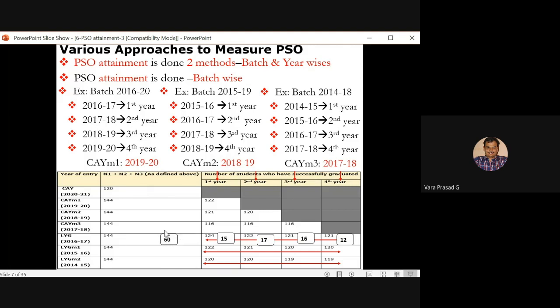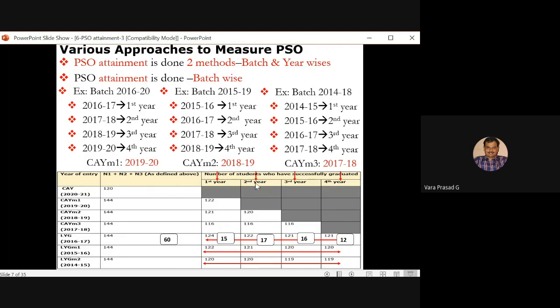Whatever number I'm taking here, assume that particular batch would have studied 60 subjects. Probably in your curriculum you may have 65 or maybe 70 subjects. I'm assuming that 15 subjects were studied by the first year students, in the first semester as well as the second semester.